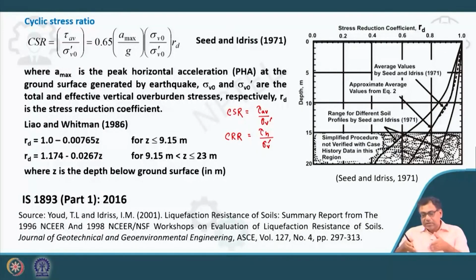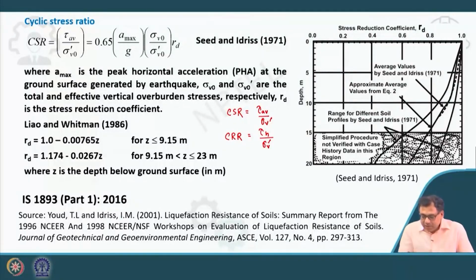But now it is represented such that CSR means the stress developed during earthquake, that is cyclic stress ratio, and CRR is the cyclic resistance ratio, which is the stress required to cause liquefaction, or the resistance stress, I should say.